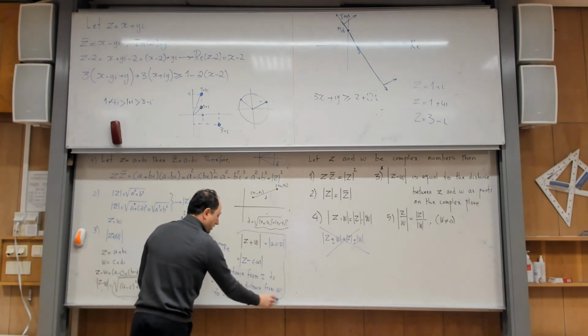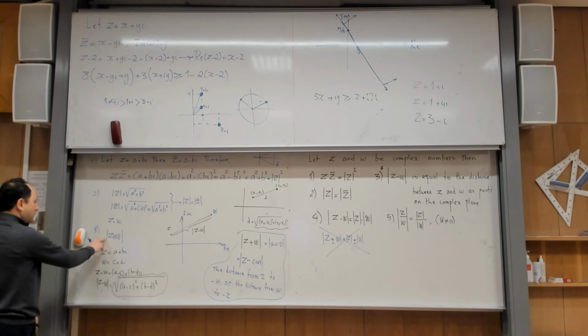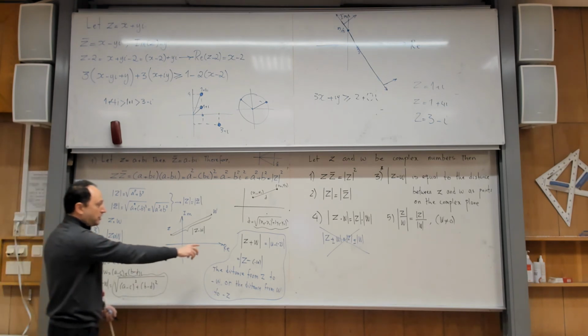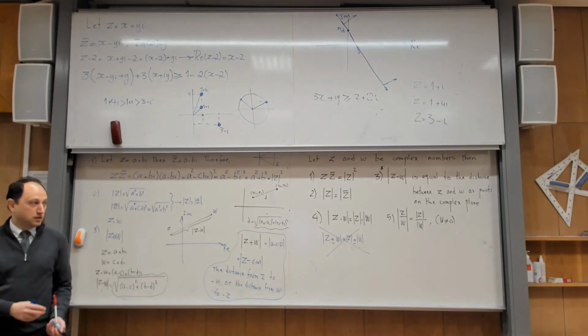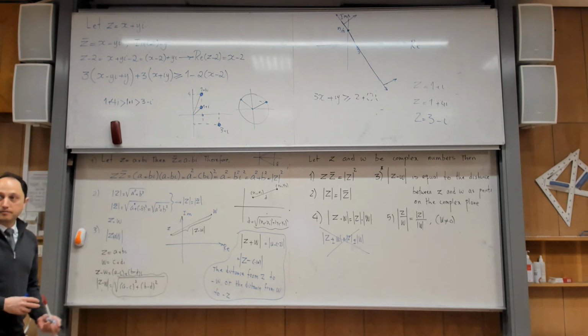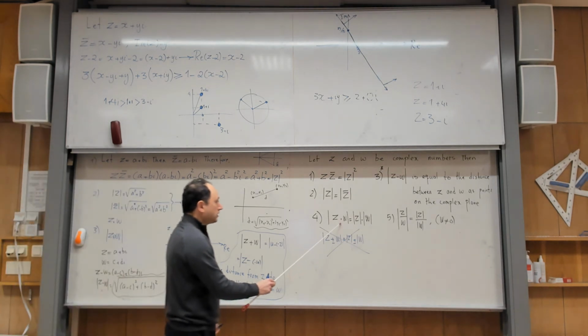I recommend you write some kind of remark for yourself that if I have the absolute value of the difference, you can immediately interpret it as the distance between those two numbers. But if you have a positive sign between, you can interpret it in two different ways. Hopefully understandable.